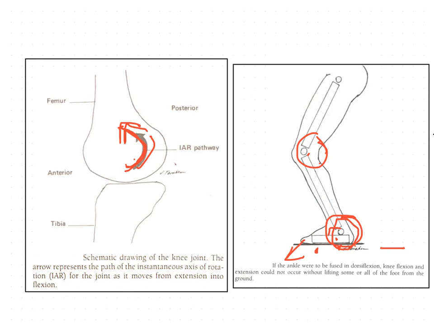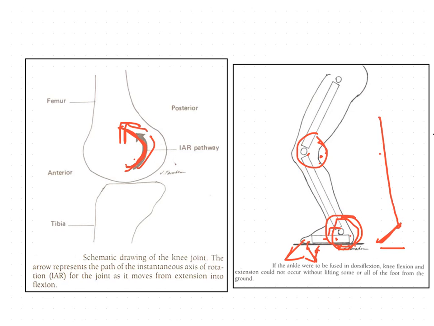Or if the person wants to extend the knee, he has to plantar flex the foot. How is it happening? He has to lift the foot like this. Then the person is able to extend the knee.